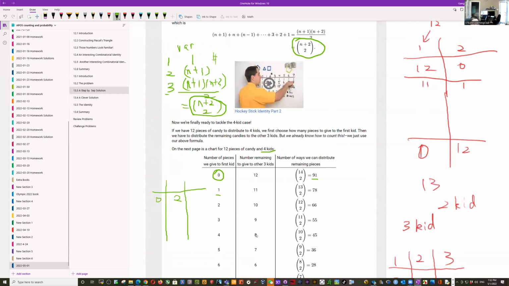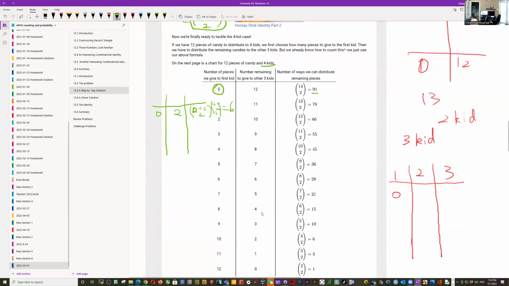And then how many ways have we already solved this? So n plus 2 choose 2. So basically it is 2 plus 2 choose 2, which is 4 choose 2, which is equal to 6.